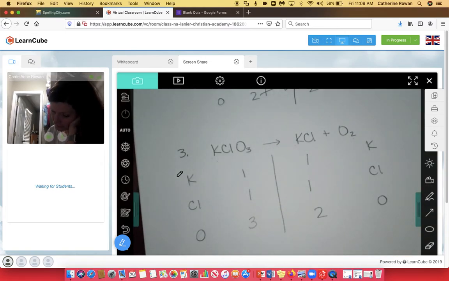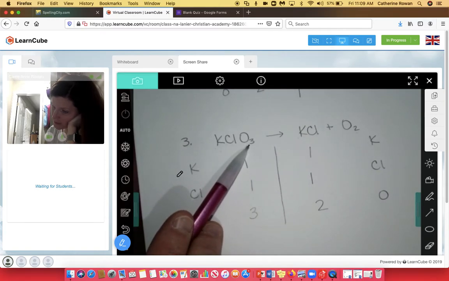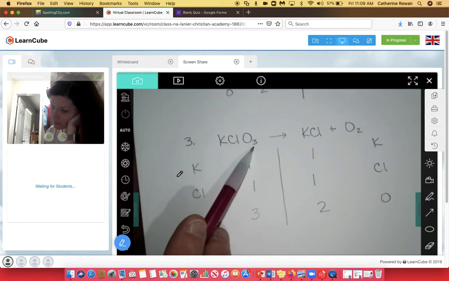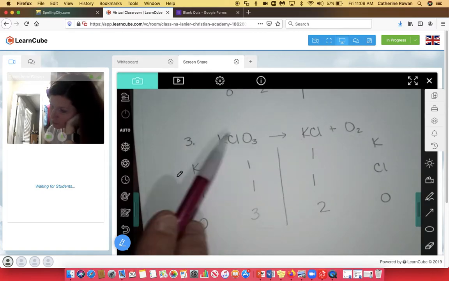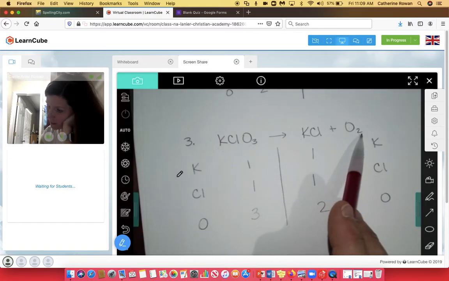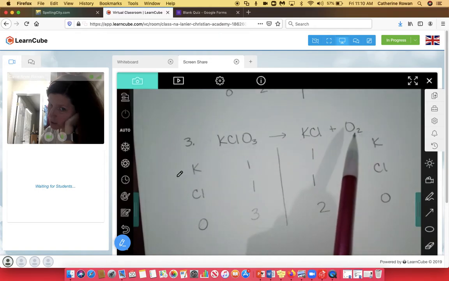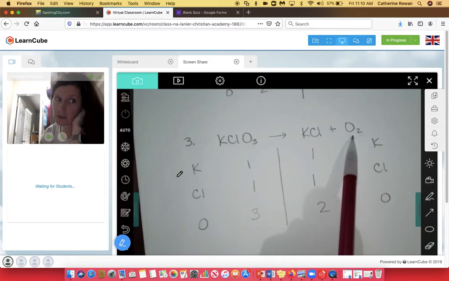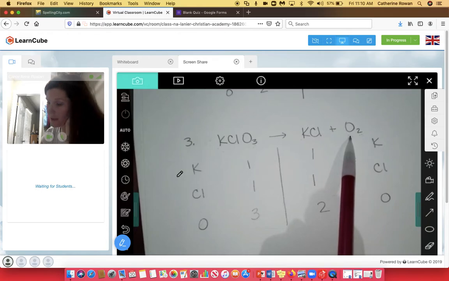Okay, once again, I'm at a place where these aren't matching and it's a 2 and a 3. Notice over here I have a subscript of 3. That means I can only be in multiples of 3, not 2. So I can't make this like 4 because I'm going to put a coefficient out here. It's a multiplier of that subscript. So I can either leave it 3, but then over here I have multiples of 2. So that's also not going to work with going up to 4. And I can't go up to 3 because 2 doesn't multiply with something to make 3, at least not a whole number.